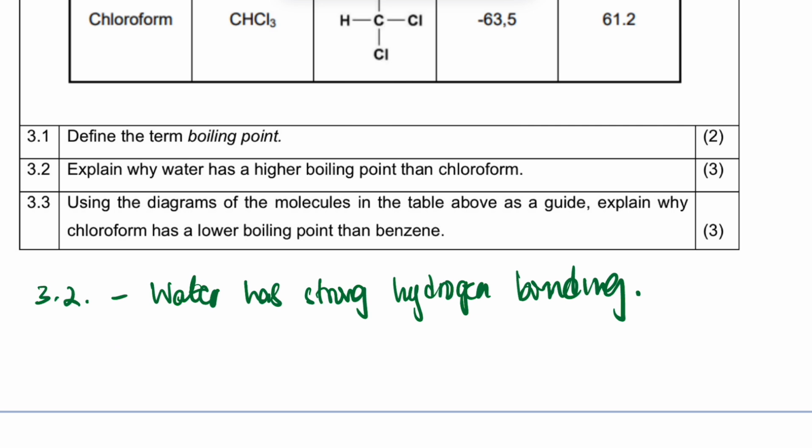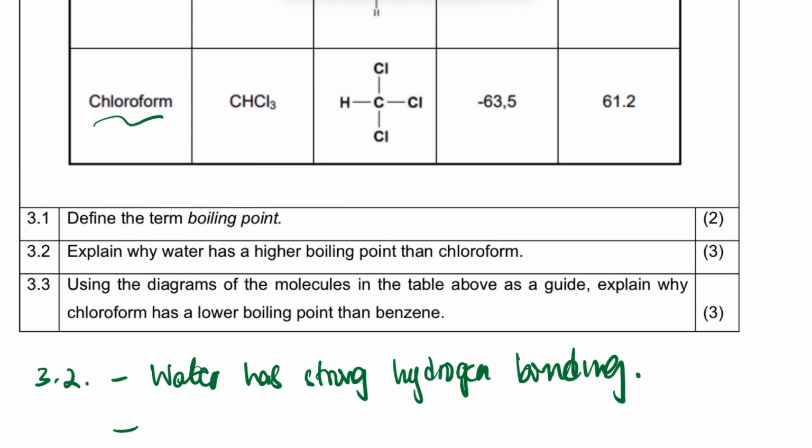And then you say the chloroform, guys, the force that is here is a dipole, right? It's a polar molecule, so if you have another chloroform here, it's polar and polar.